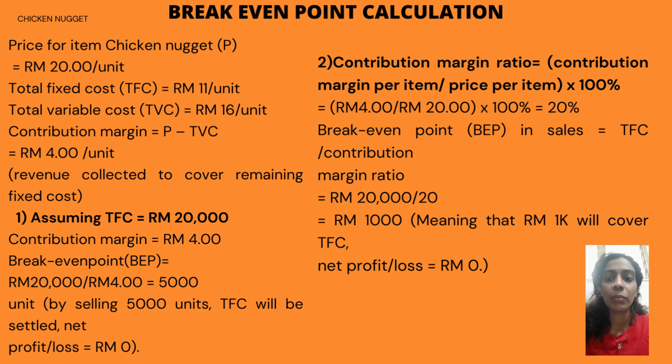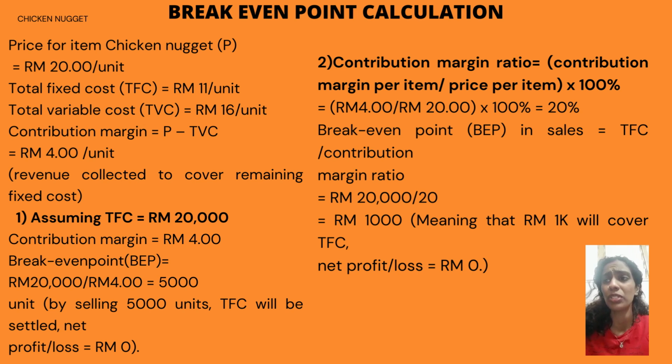The break-even point will be 20,000 divided by 4 ringgit, which is 5,000 units, showing that by selling 5,000 units, TFC will be settled, and in our company there will be no profit or loss.